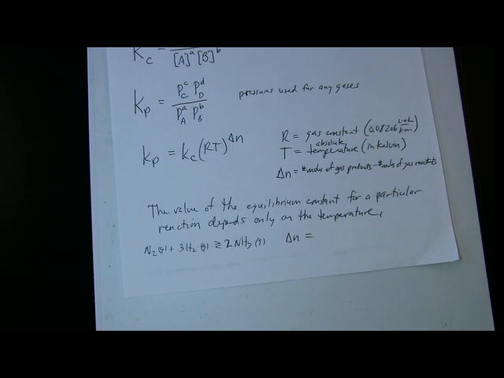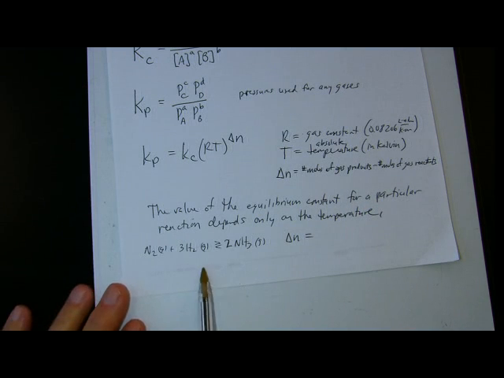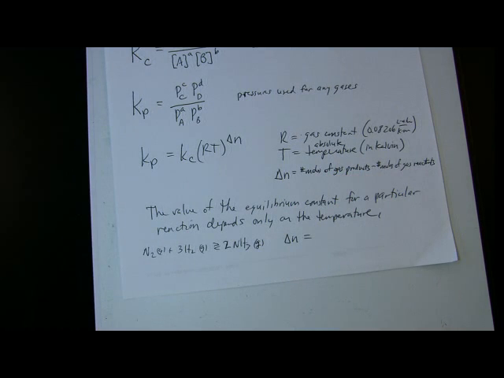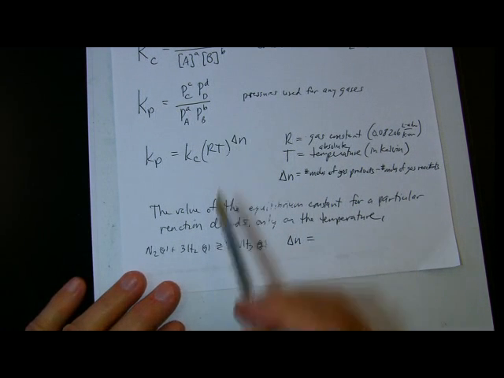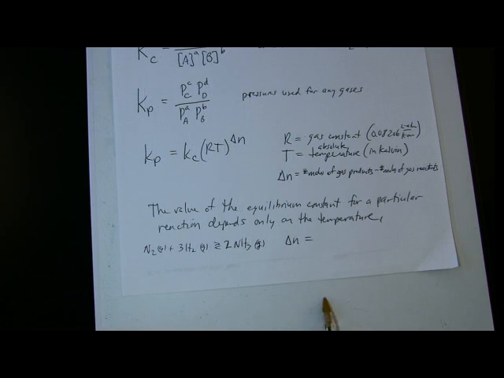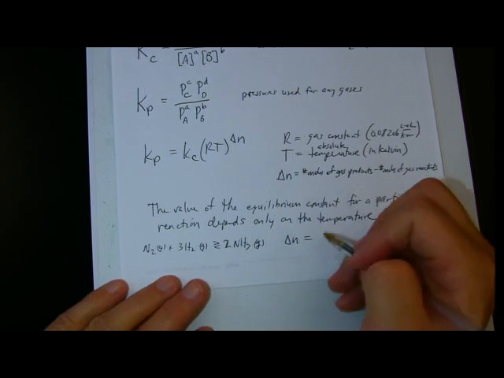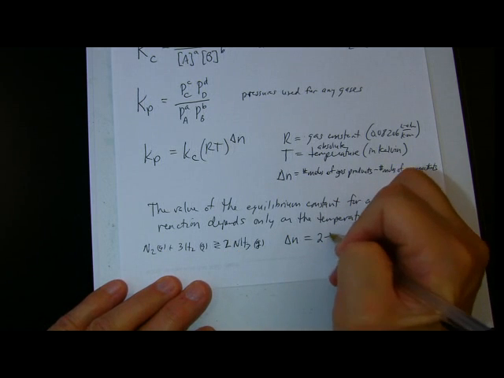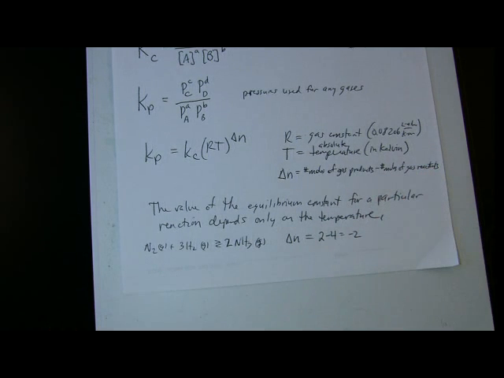If we had the value of K sub C for this reaction, and we wanted to get the value of K sub P, what would I use for the value of delta N in that equation right there? Okay, it would be 2 moles on the right-hand side, 4 on the left-hand side, so it would be 2 minus 4 equals minus 2. So delta N would be minus 2 there.